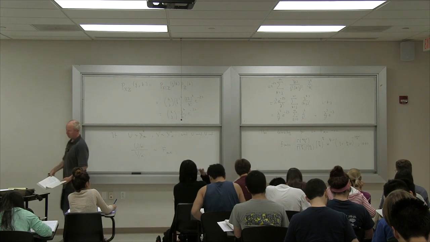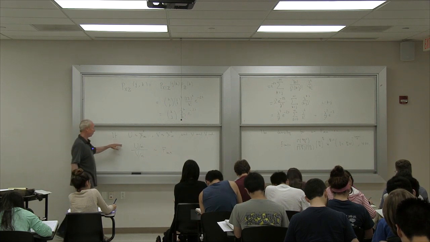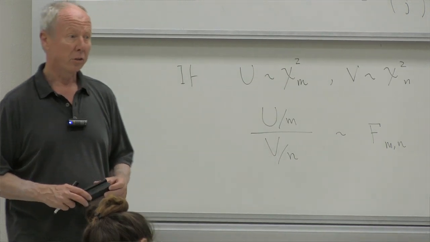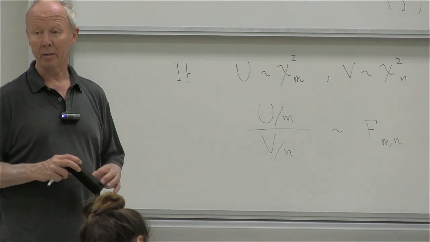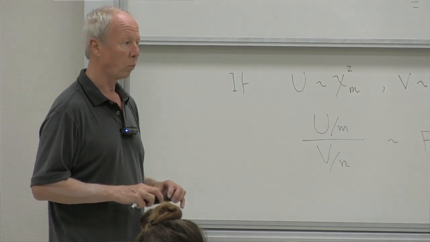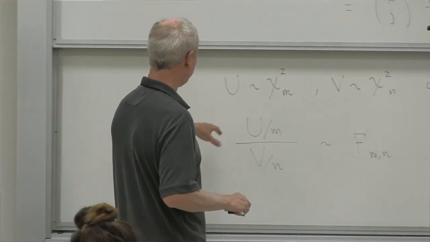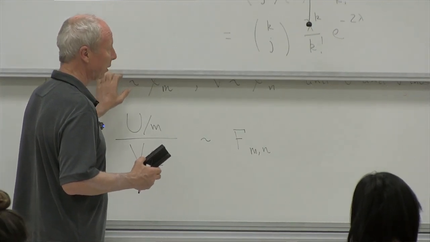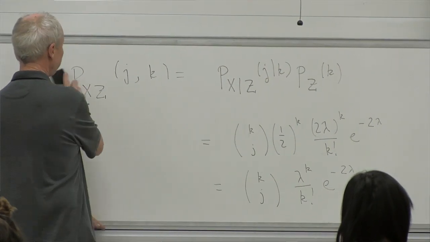We've done a lot of computations with getting PDFs or PMFs for sums of independent random variables, but we didn't do very much with ratios. This one involved finding the PMF for a ratio. Let's do another computation that involves ratios.